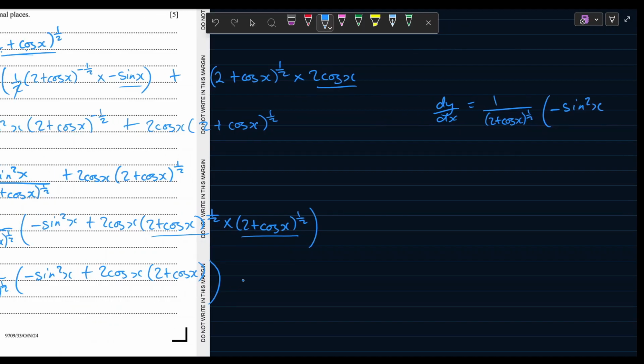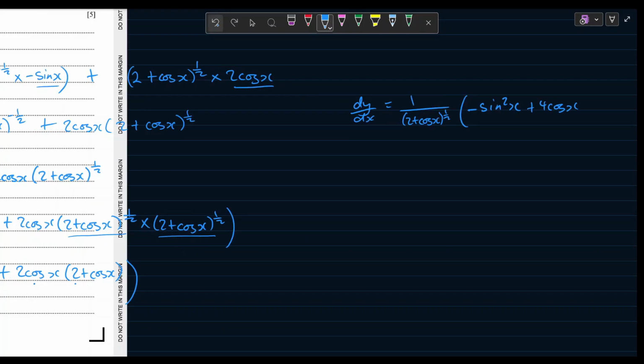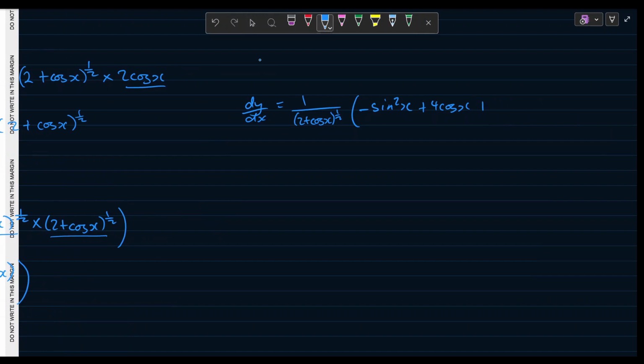And then here we can expand. We've got 2 cos x times 2, which gives us 4 cos x, plus 4 cos x. And then we've got 2 cos x times cos x, which is 2 cos squared x. So that's plus 2 cos squared x.